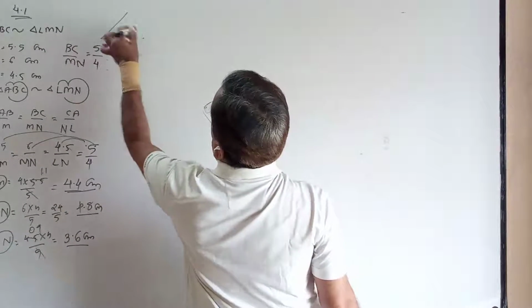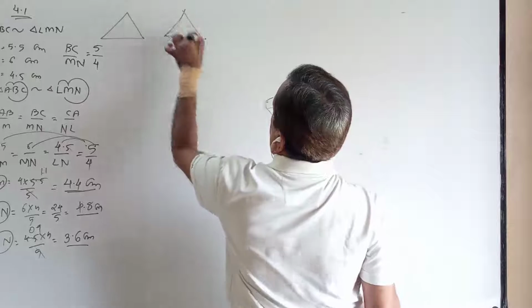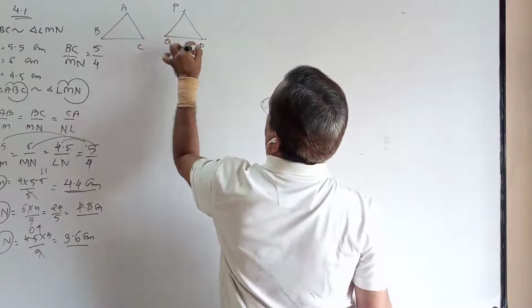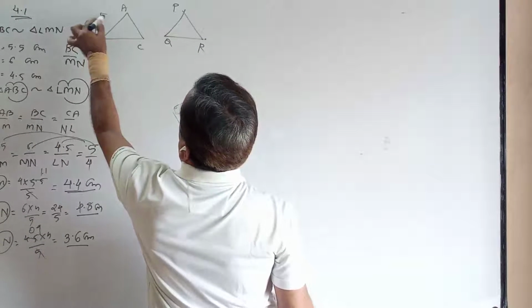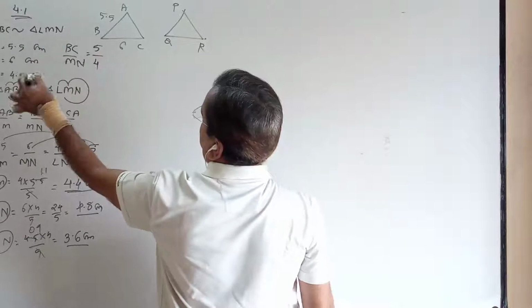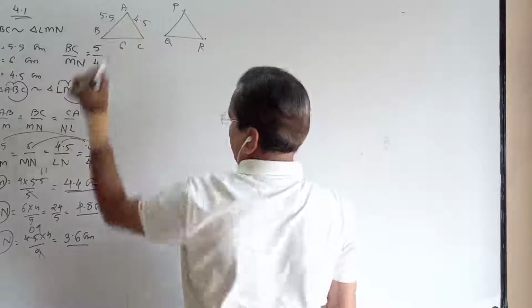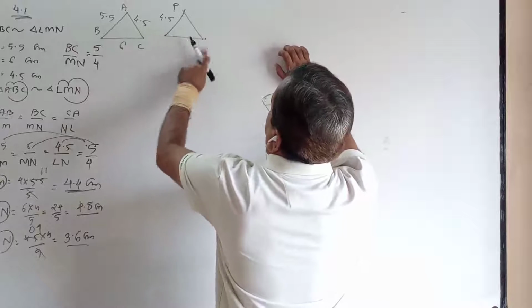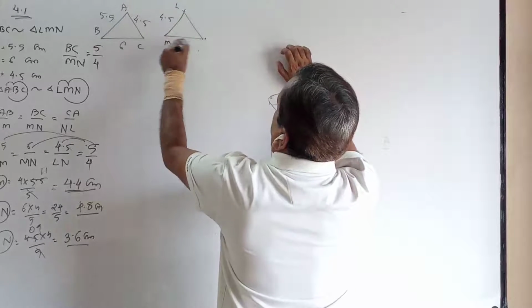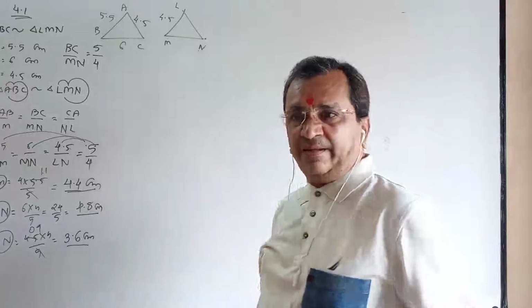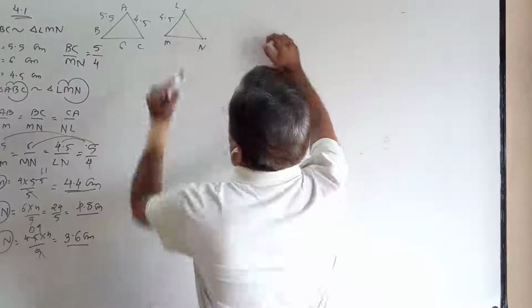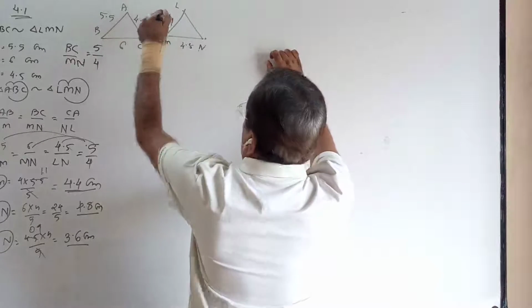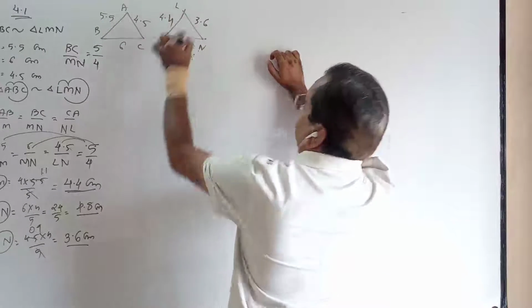So for both triangles you have to draw a rough figure. This is ABC, this is LMN. AB 5.5, BC 6, CA 4.5; LM 4.4, MN 4.8, LN 3.6.